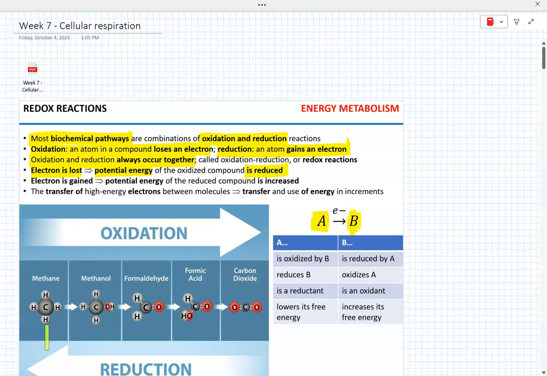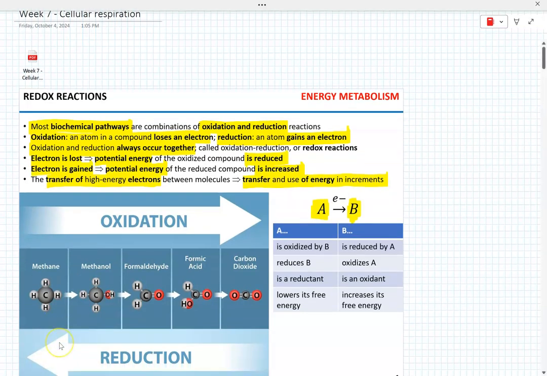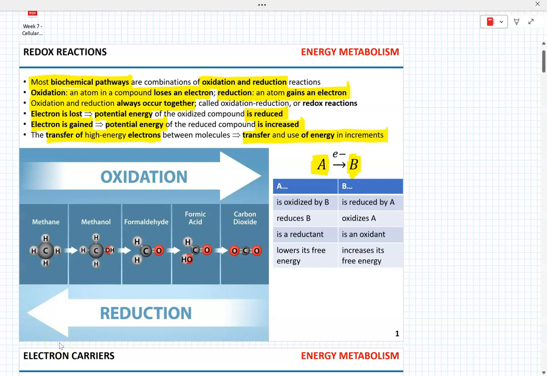When the electron is gained, the potential energy of the reduced compound is increased. You can see that the transfer of high-energy electrons between various molecules is basically equivalent to the transfer of energy in small increments. Now let's take a look at the process of oxidation using a theoretical and a practical example.